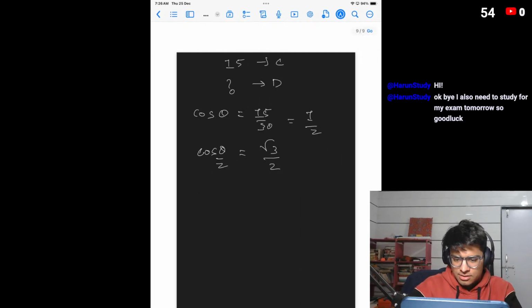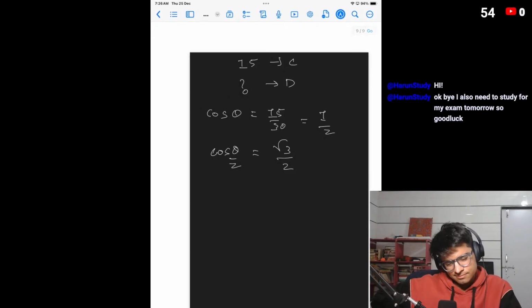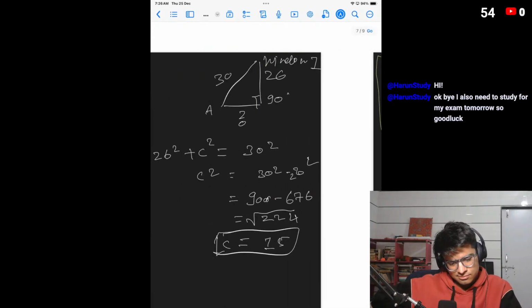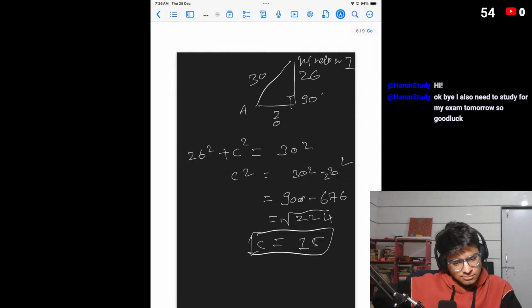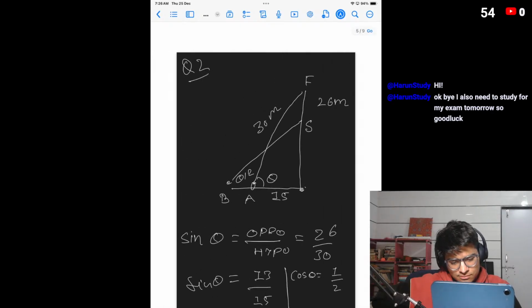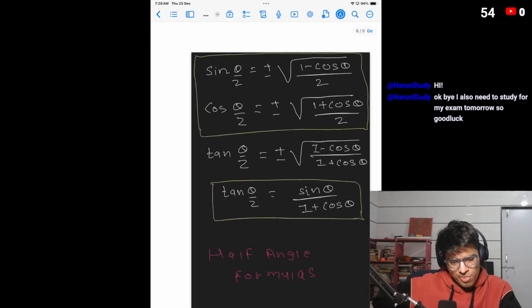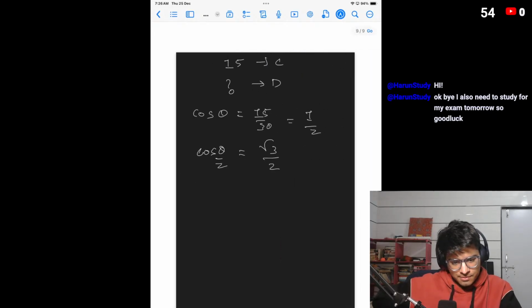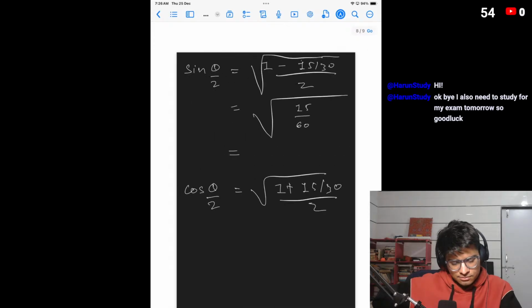One thing I don't get is all this is in ratio. How to find the actual value? 15 upon 60 will be again 1 by 4.